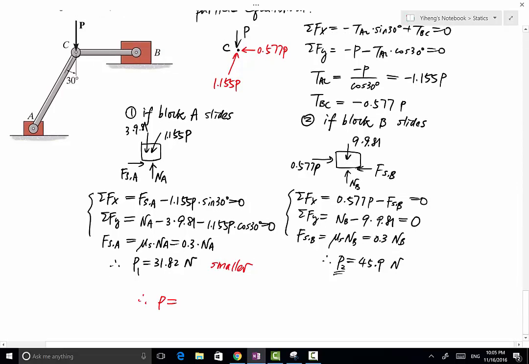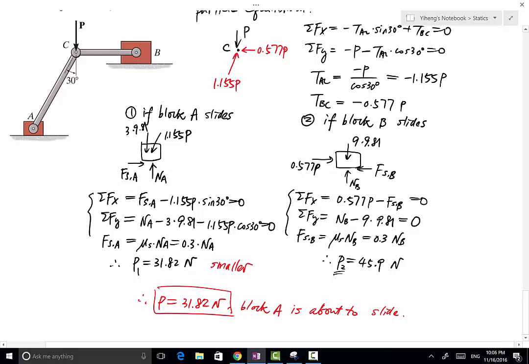The smallest P that can be applied at point C to cause any type of motion is 31.82 newtons, and this is when block A is about to slide to the left.